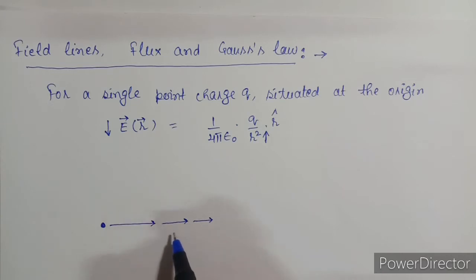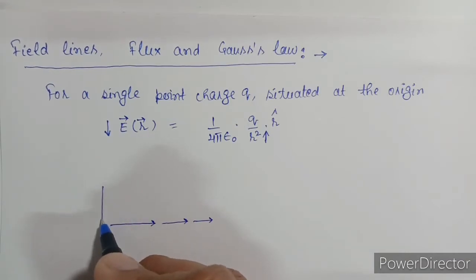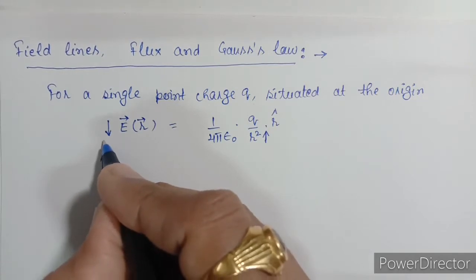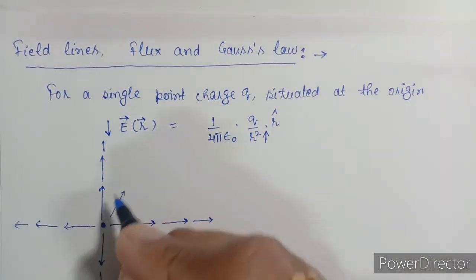That is, the length of this arrow goes on decreasing. Similarly on this side, or on this side, or here, and diagonally also.